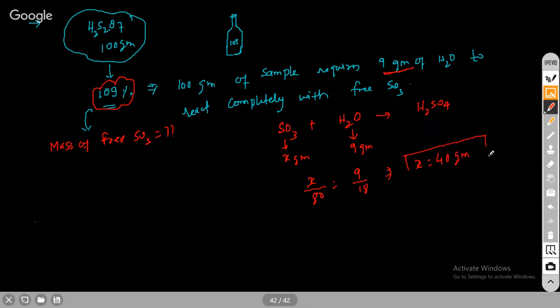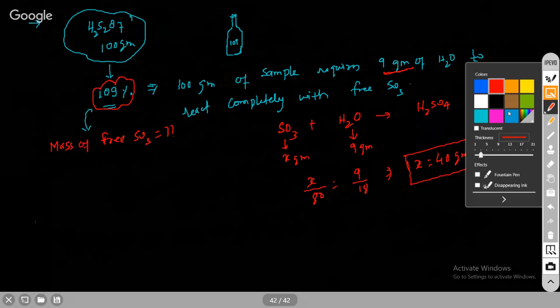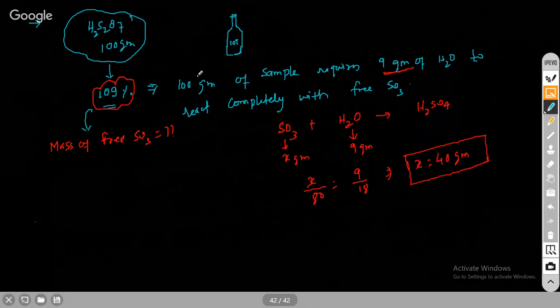This means in the 109% oleum sample, 40 gram of free sulfur trioxide is present. So this is the first definition, or first kind of understanding, of this labeling we have.